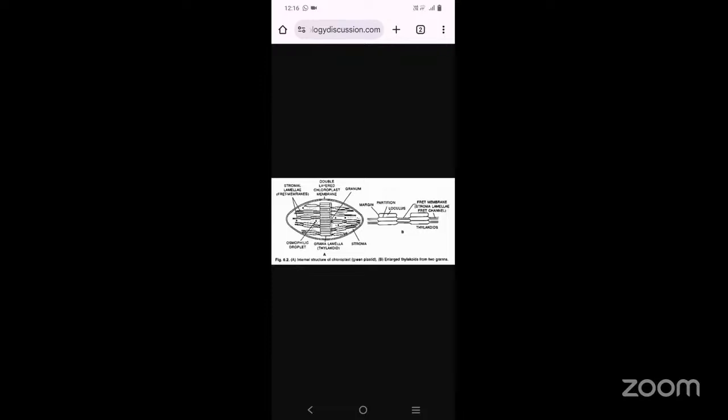The structure of chlorophyll was first discovered by Willstatter and Stoll in 1912. Chemically, the chlorophyll molecule consists of a porphyrin head and phytol tail.